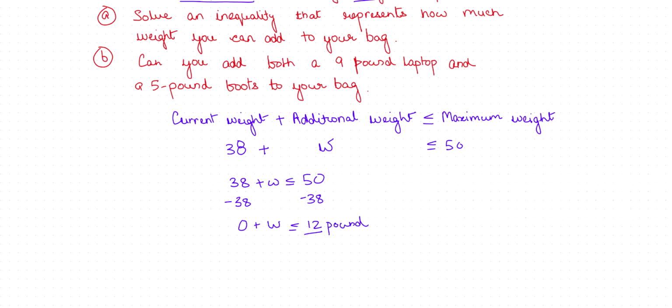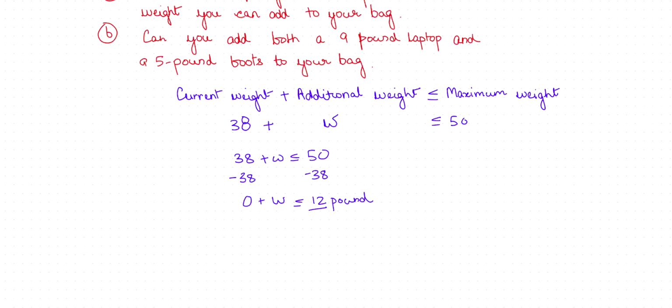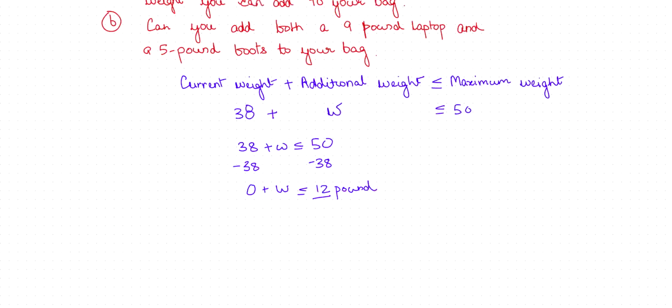Now in B, it says, can you add a 9-pound laptop and 5-pound boots to your bag? In this case, 9 plus 5 should be less than or equal to 12. That would work. So 9 pounds laptop plus 5 pounds boots should be less than 12. But 9 plus 5 is 14, and it is not less than 12.